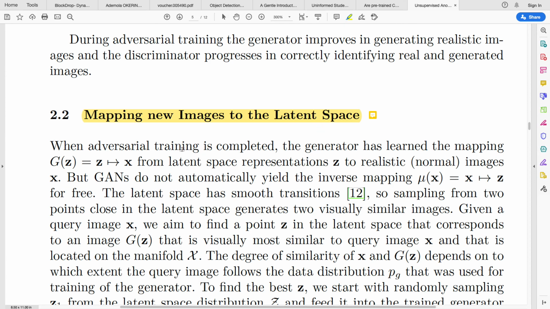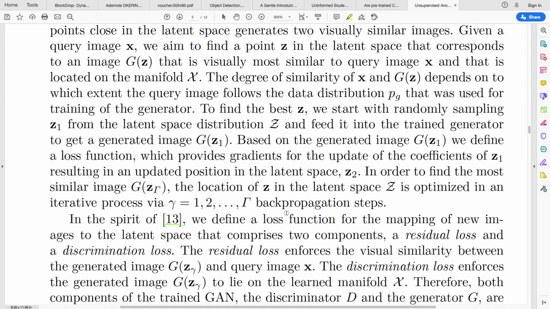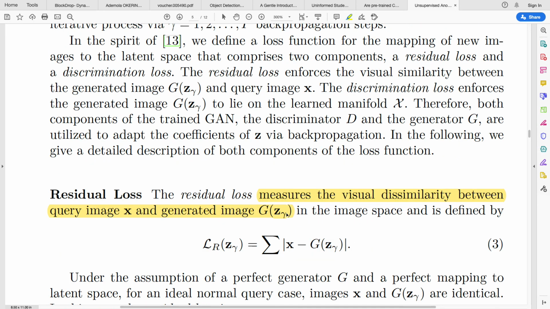We'll come back to this to get the details, but essentially you have a generator taking a noise Z, from the latent space representation Z, and trying to transform Z into X, such that X will be the realistic normal images. We'll come back and look at the detailed walkthrough of what is happening here.